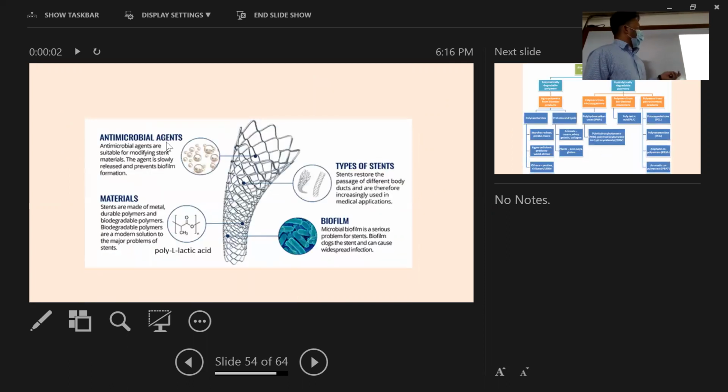Okay, antimicrobial agents. That is not clear. Antimicrobial agents are suitable for modifying stent materials. The agent is slowly released and prevents biofilm formation.